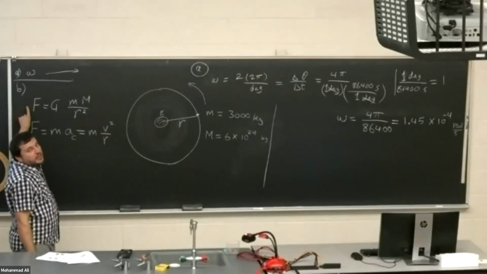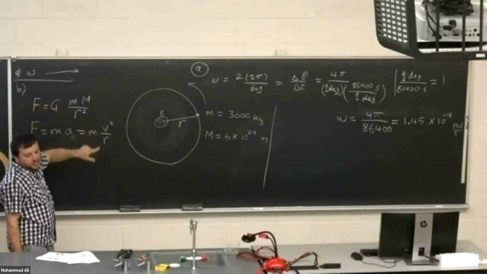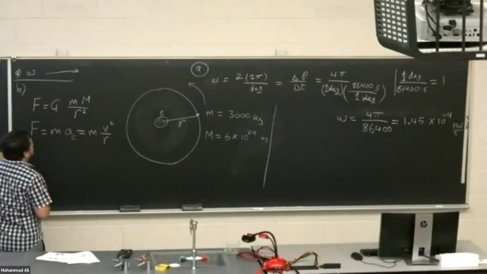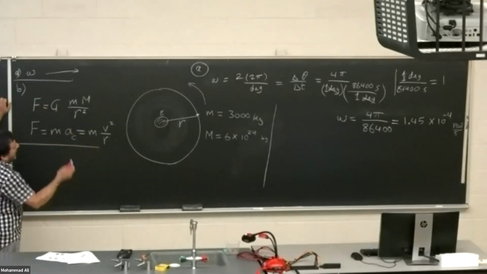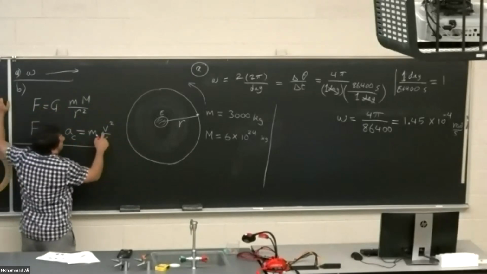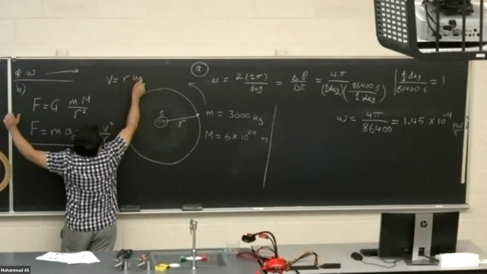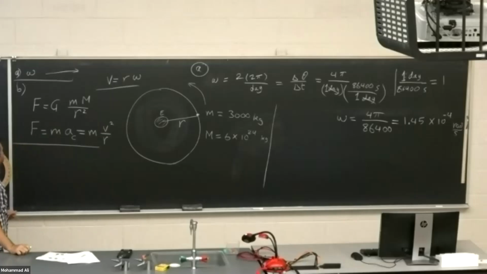Both forces are the same. And also we know that V is equal to R multiplied by omega. I wrote it there yesterday, right? So we have three relations. The force is the same, so we can write it like this.